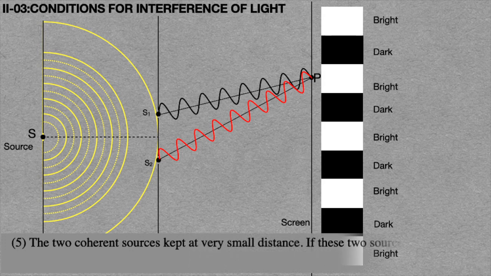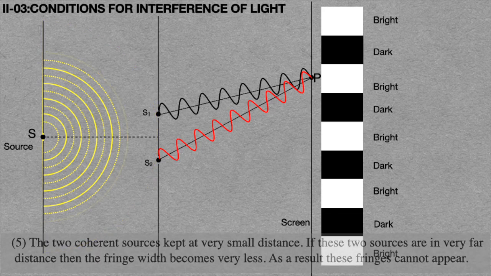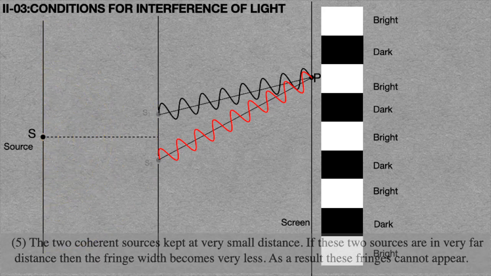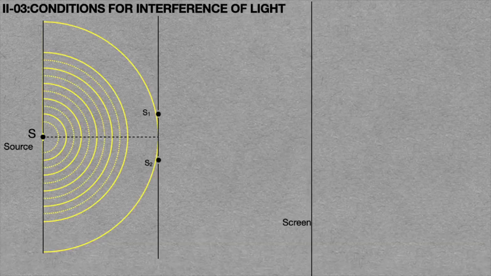If these two sources are very far apart, then the fringe width becomes very small. As a result, these fringes cannot appear.